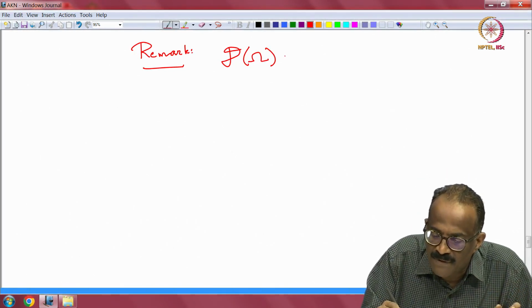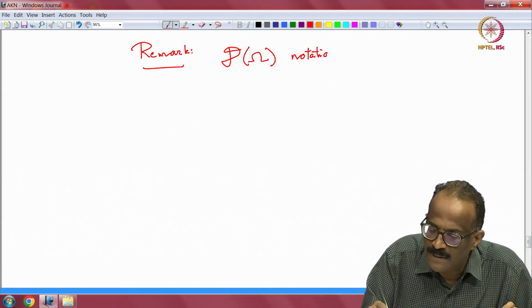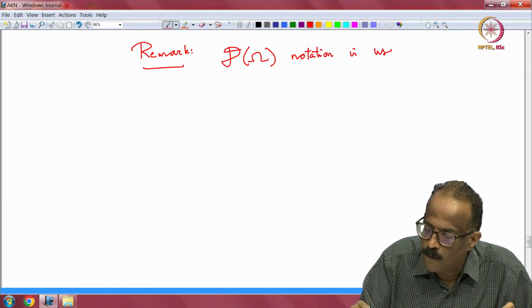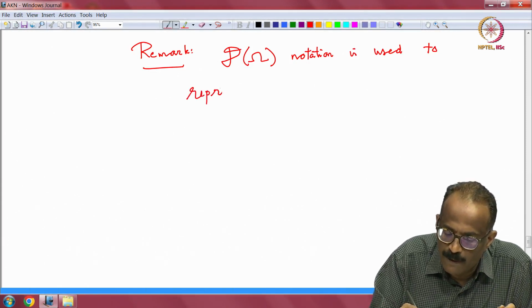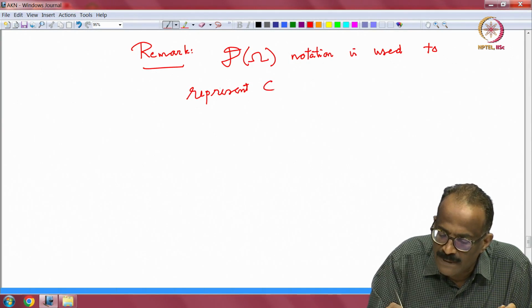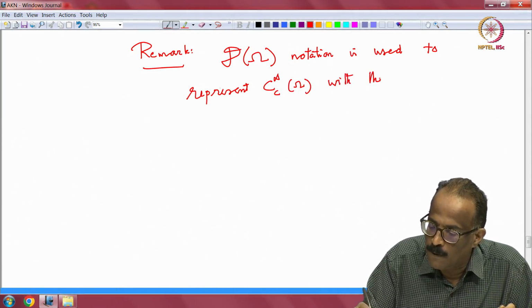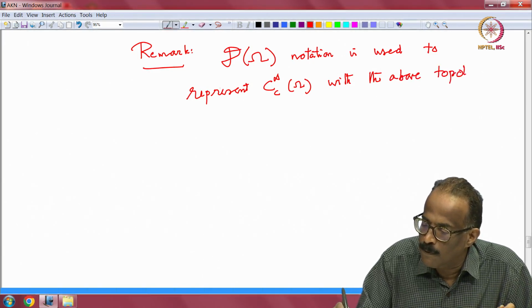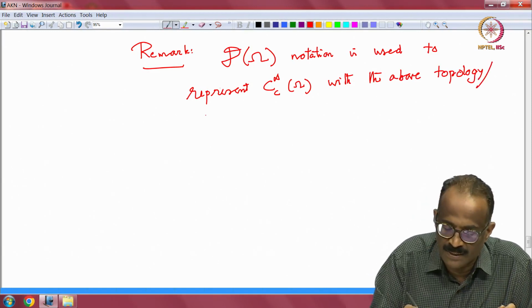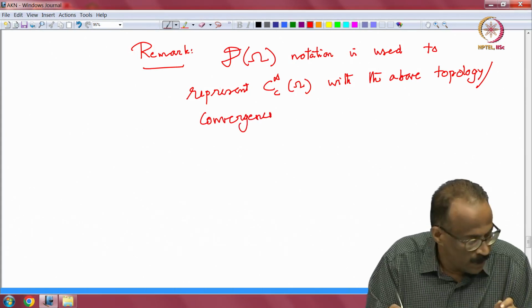So, the notation d omega is used to represent C c infinity of omega with the above topology, or convergence. Okay.